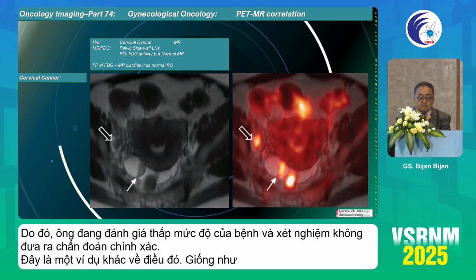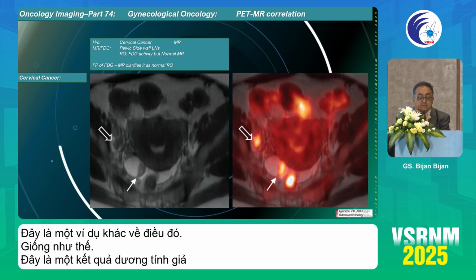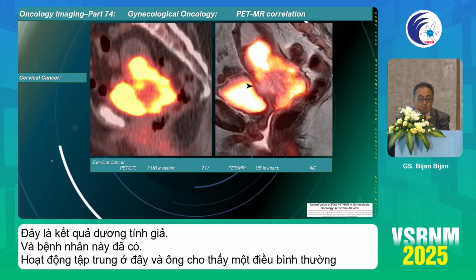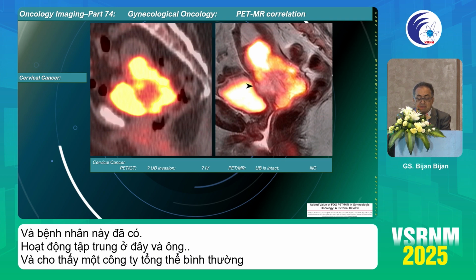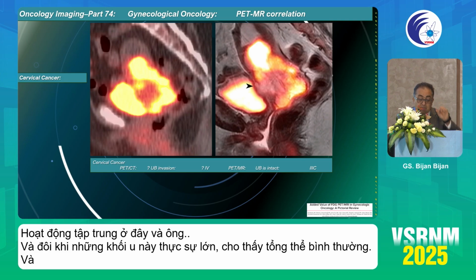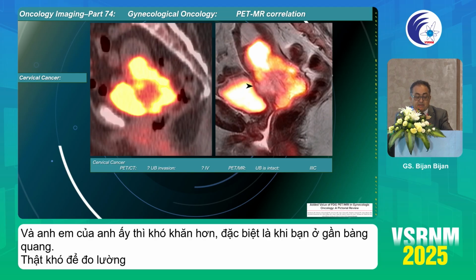This is a false positive of FDG. This patient has this focus of activity here, and on the MR it shows a normal ovary. Sometimes these tumors are really big and heterogeneous, and especially if they are close to the bladder, it's difficult to make the differentiation on the FDG.